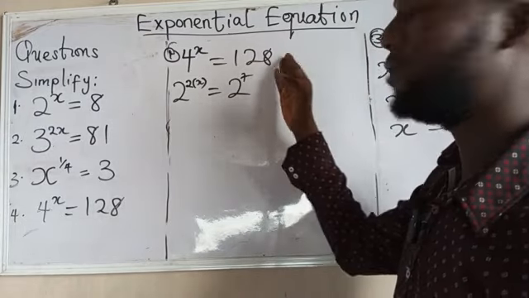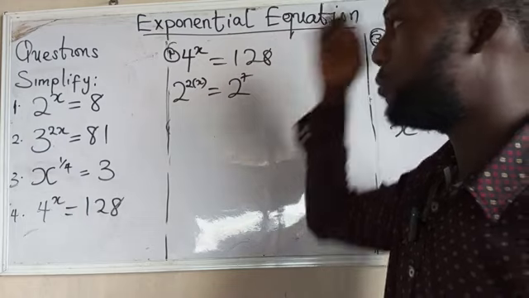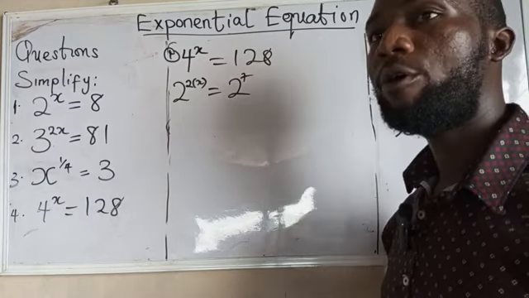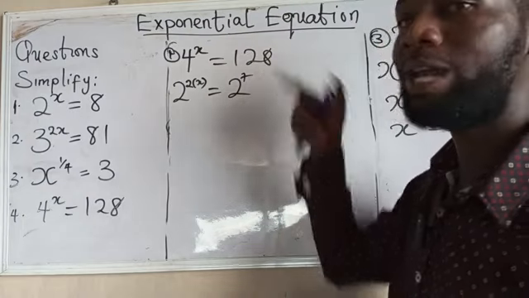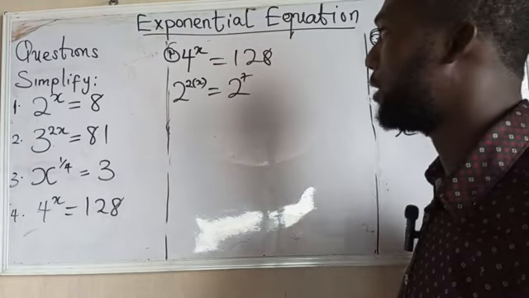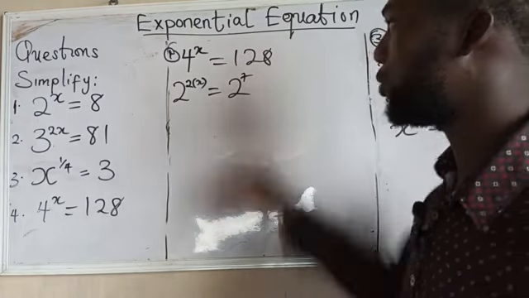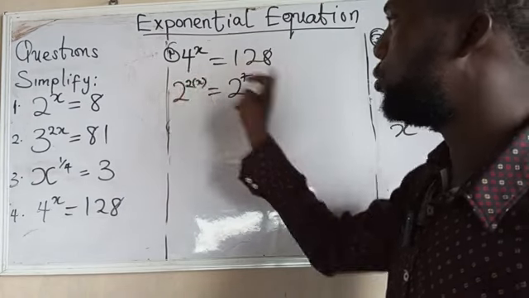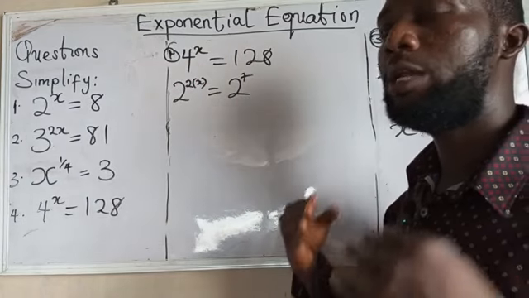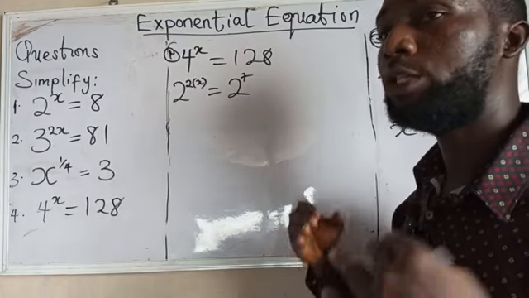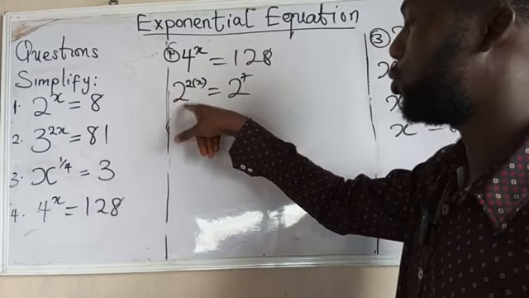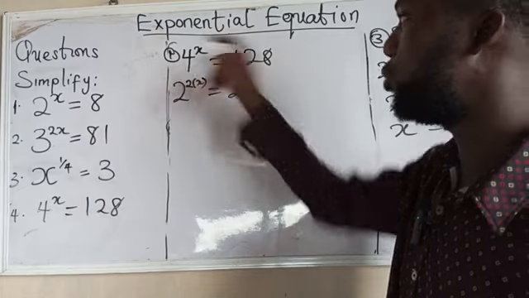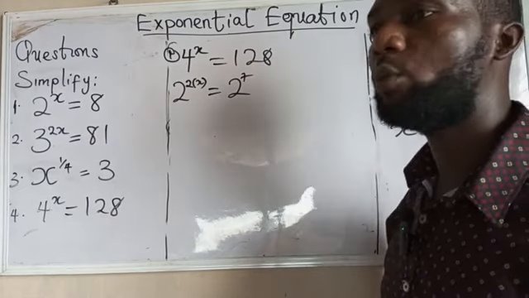And I would have done the same for 128, but the problem here is that I cannot take 4 to a certain number that, when I multiply it out, gives me 128. So what I'm going to do now is to just reduce these two numbers to their lowest common base, and its lowest common base is 2. I know that 2 raised to power 2 will give me 4, and 2 raised to power 7 will definitely give me 128.